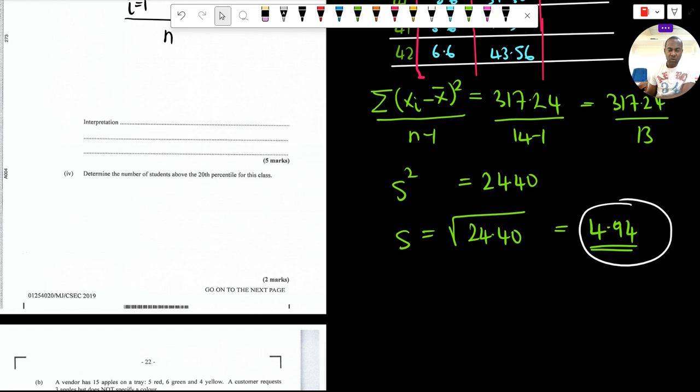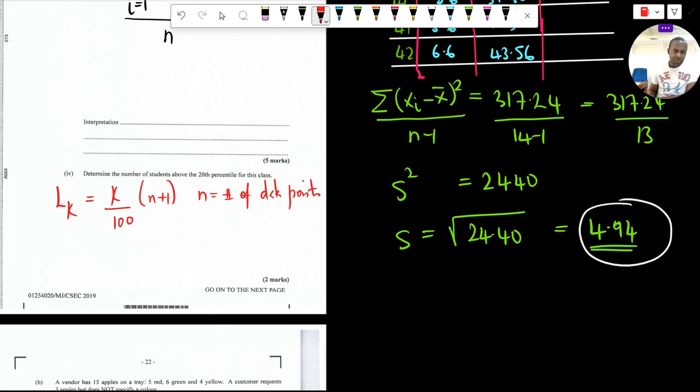Now, there's a little formula which allows you to find the position of the kth percentile. This formula is given as: the position of the kth percentile is equal to k over 100 times n plus 1, where n is equal to the number of data points, in other words, the number of items in the data set.